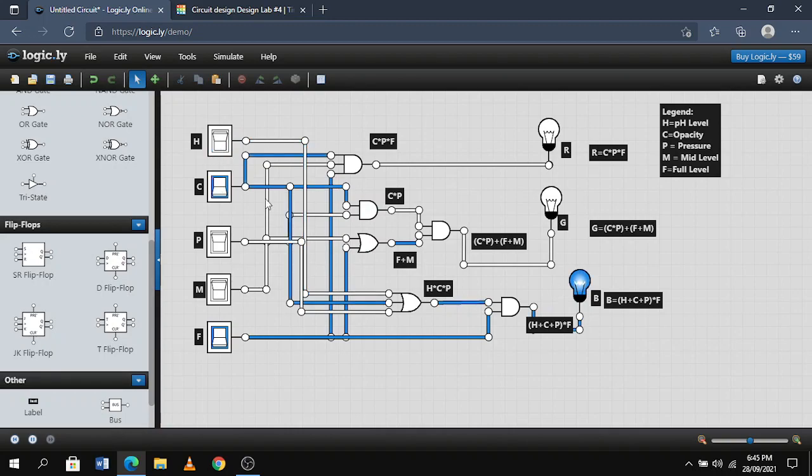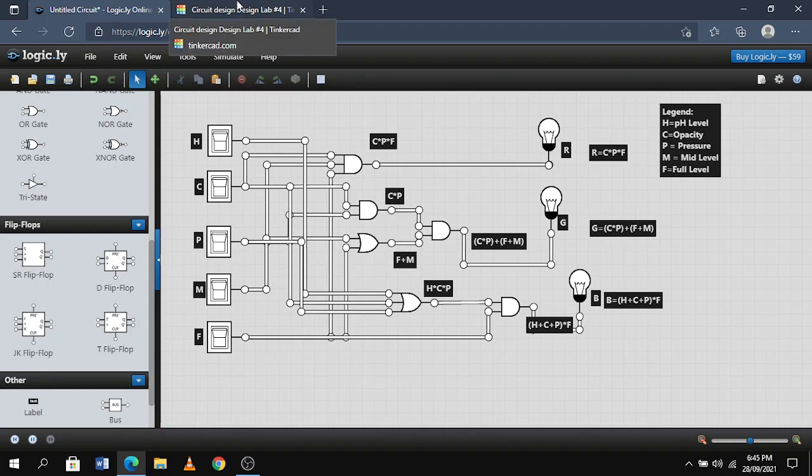Same goes if C and P, the blue light is turned on. So if any of the sensors are high, which is at logic 1 here in the circuit, the blue light will turn on if the tank is also at logic 1, which is at full level. So there you have it. That is my logic simulation.